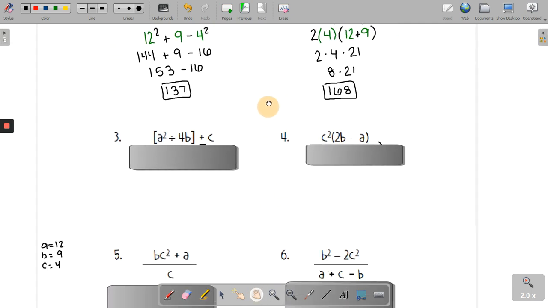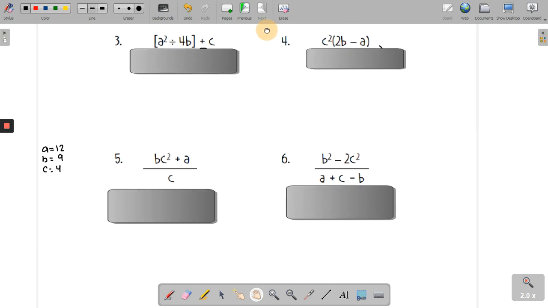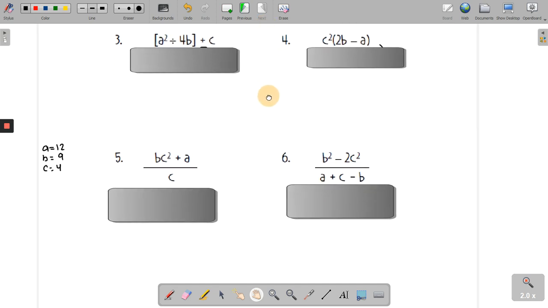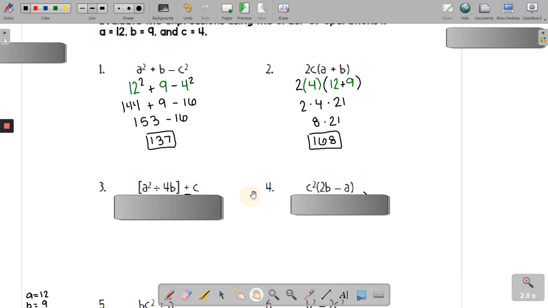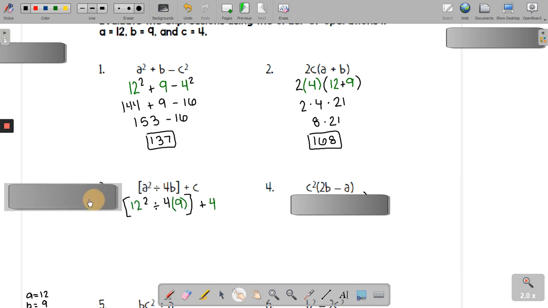Okay, let's look at 3. We need to see what A, B, and C are. So 3, we have the quantity of A squared divided by 4B, plus C. Substitute them in. Then we get 12 squared divided by 4 times 9.